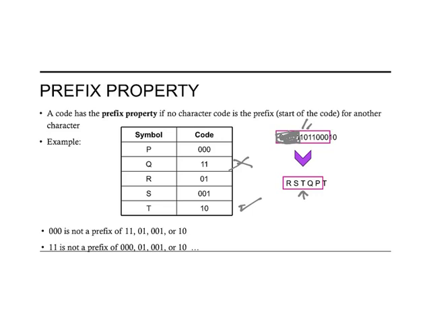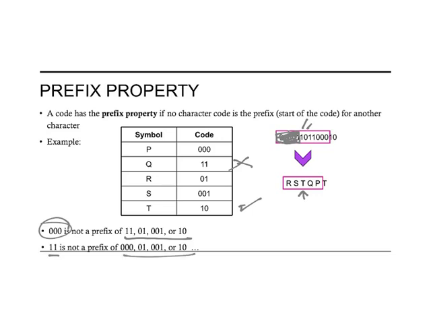The reason for that is that we can notice immediately that, for instance, 000 is not a prefix of any of the other encodings. It doesn't happen at the beginning of any of the others, as well as 11 is not a prefix of any of the others, and so on.